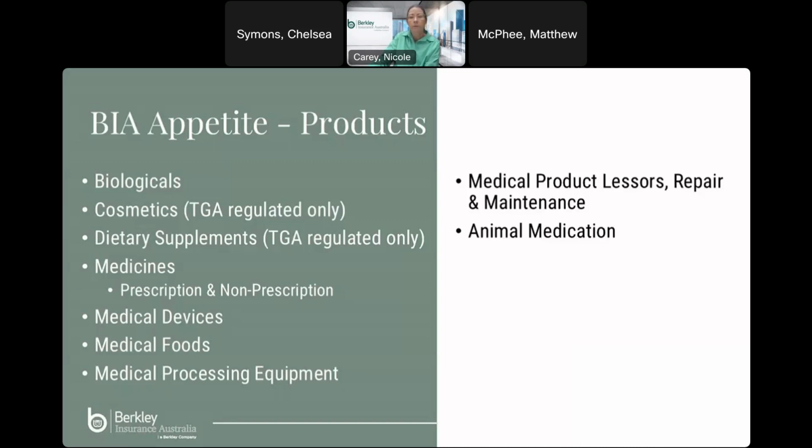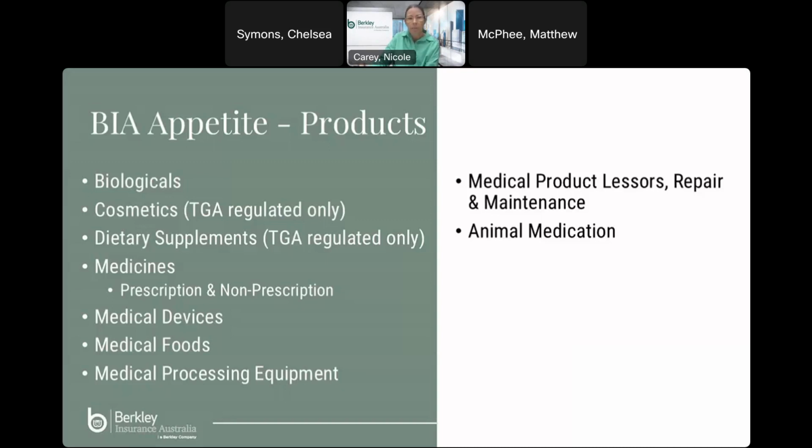The next that I've got on the list there is cosmetics. Now, cosmetics are generally regulated under the Australian Industrial Chemicals Introduction Scheme. However, where a cosmetic is making a therapeutic claim, they are registered by the TGA. So examples of such cosmetics that are TGA regulated are sunscreens, moisturizers that contain sunscreen, skin whitening lotion, and some tablets.